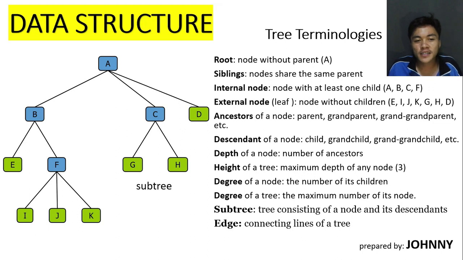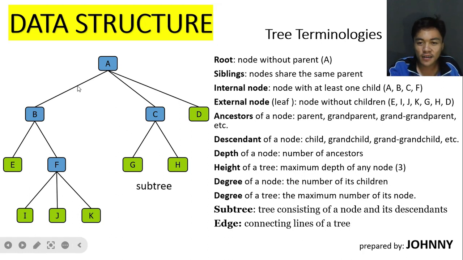And then the ancestors of a node are its parent, grandparent, and great-grandparent. In this example, let's take I, J, and K. The parent of I, J, and K is F, the grandparent is B, and the great-grandparent is A. And then the descendants of a node are its child, grandchild, and great-grandchild.